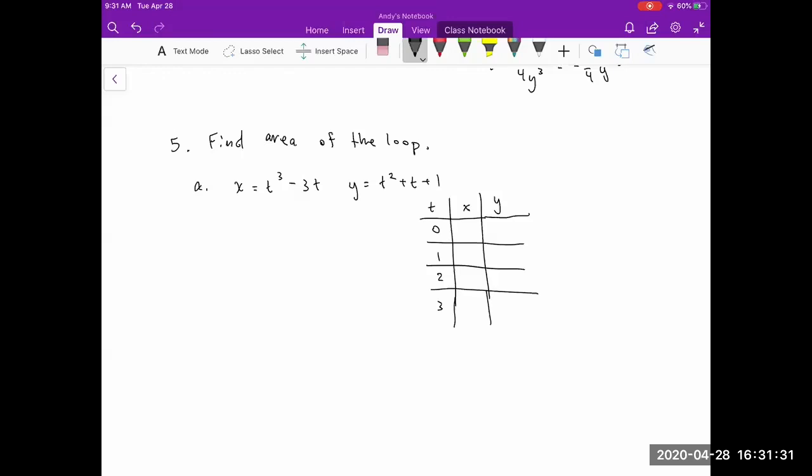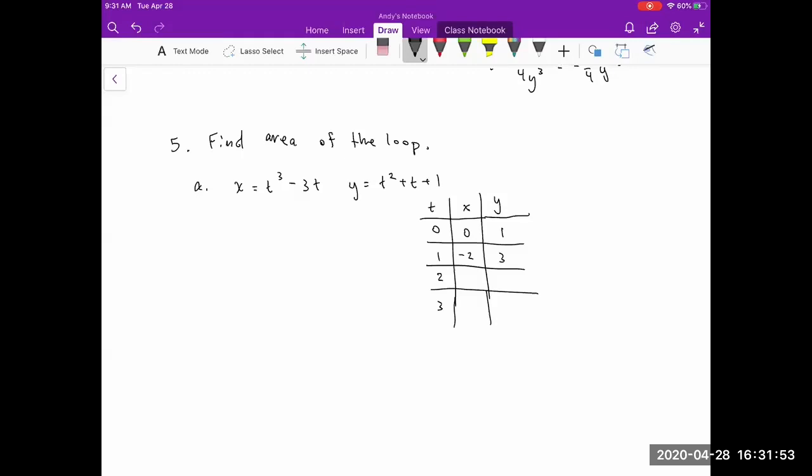If we plug in 0 for t, we get 0 for x and 1 for y. When you plug in 1 for t, for the x value, you get 1 cubed minus 3, so that's -2 for x. Y will be just 3.